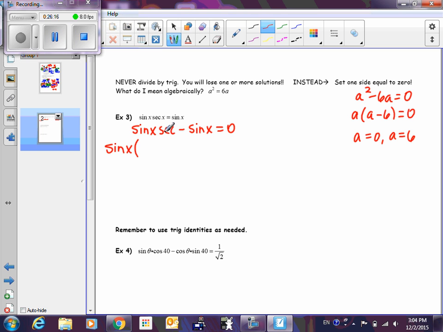So if I factor out a sine x from sine x secant x, I'm left with secant x minus 1. We're just going to do one step at a time. We factored out the sine from both pieces.